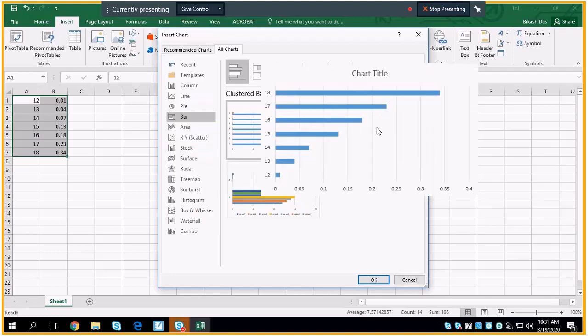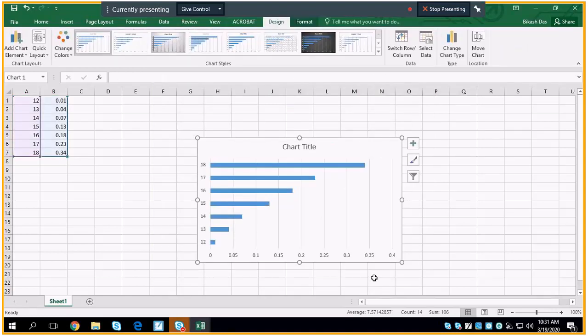For example, if I decide to choose this one and click OK, that clearly tells you what the probability versus the random variable value distribution is going to look like. See, the 18-year age group has a probability of 0.34, and the 17-year age group has a probability of 0.23. So let's just stick with this type of graph.